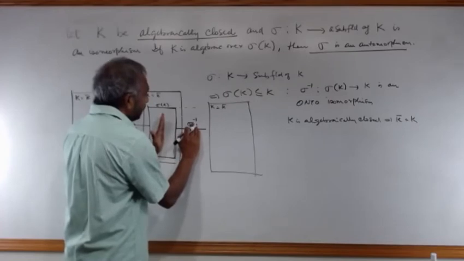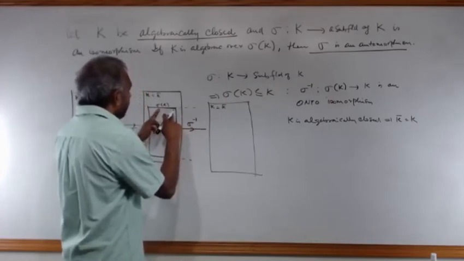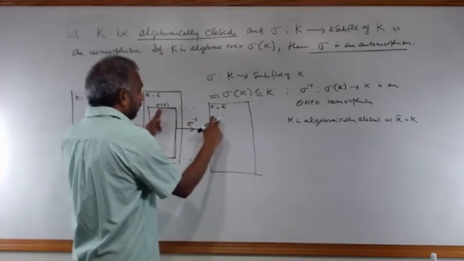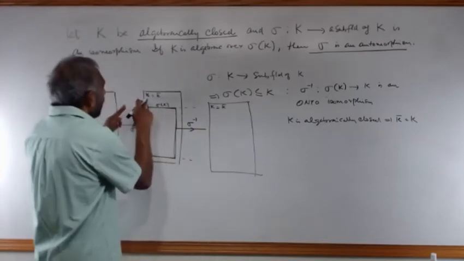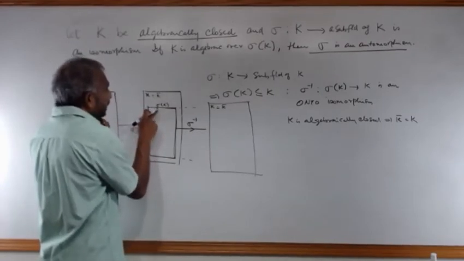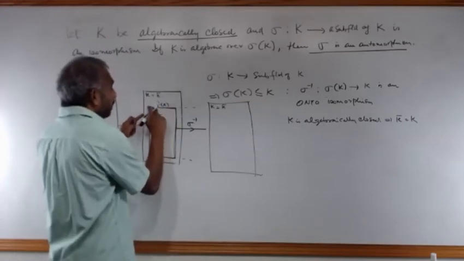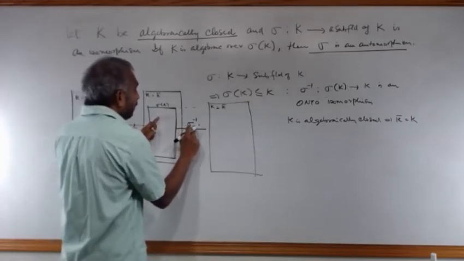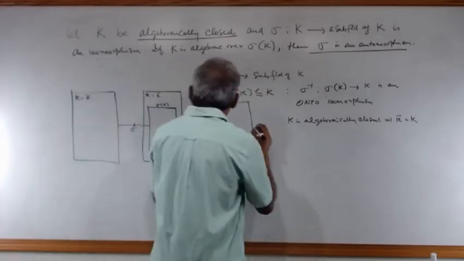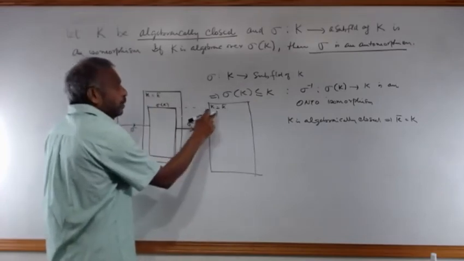Sigma inverse is an isomorphism from sigma K to K. And K is an extension of sigma K, an algebraic extension of sigma K. So sigma inverse can be extended to an isomorphism from K to a subfield of K.